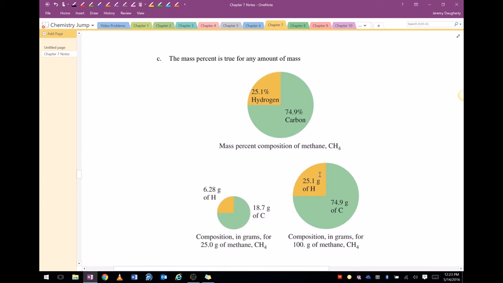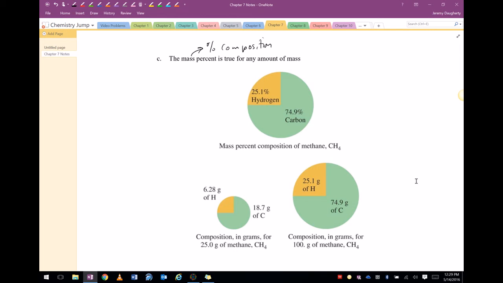Now, you know this really belongs more in the percent composition section, but your textbook puts it here. What you need to know is that percent composition is always true. It's the percent by mass, and it's true for any amount of the compound.